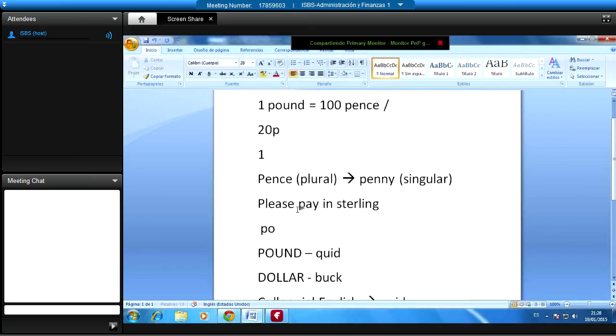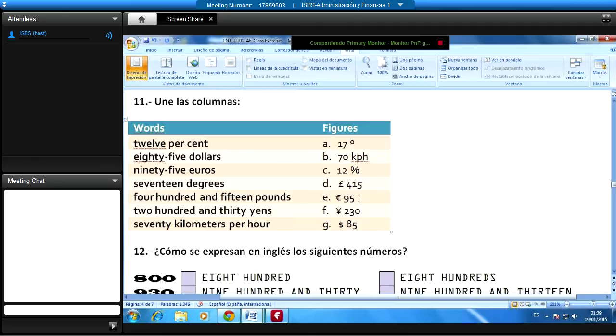Pound es libra, sterling significa esterlina. El nombre completo de la libra es pound sterling. Lo que pasa es que en inglés se puede decir pound sterling o pound o sterling. Lo que pasa es que sterling es muy formal. Por ejemplo, a lo mejor un cheque o una relación entre empresas te dice, por favor, pague en libra esterlina. Pues pay in sterling or in pound sterling.